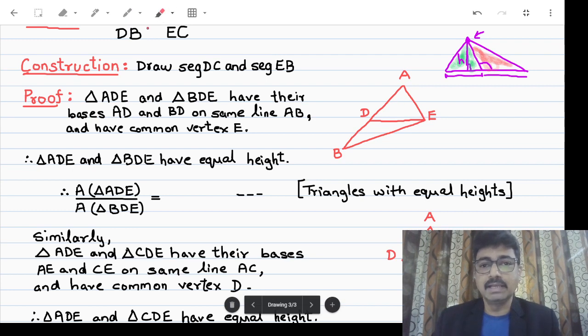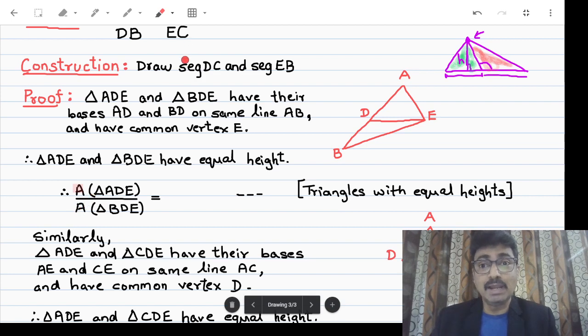So I have triangles ADE and BDE having bases AD and DB on the same line AB, and they have a common vertex E. Therefore, what do we know? We know that they have equal heights. So triangles ADE and BDE have equal heights. Then what did we know about the ratio of areas of the triangles?